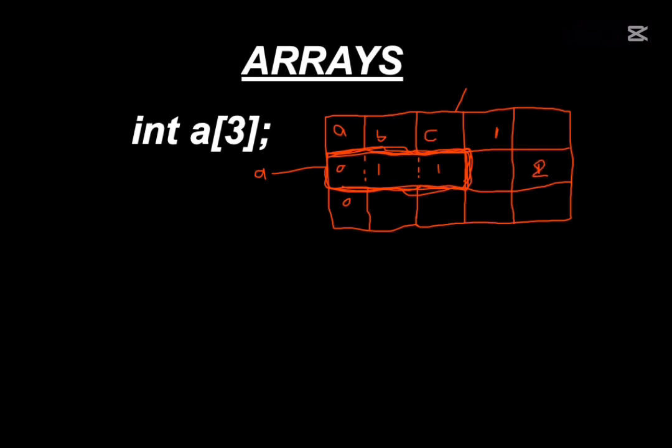This does not make sense. This is not an array. An array is a fixed memory, and it has to be next to each other so that we can locate them. The reason is, how do we locate them in memory? This is how we locate them.